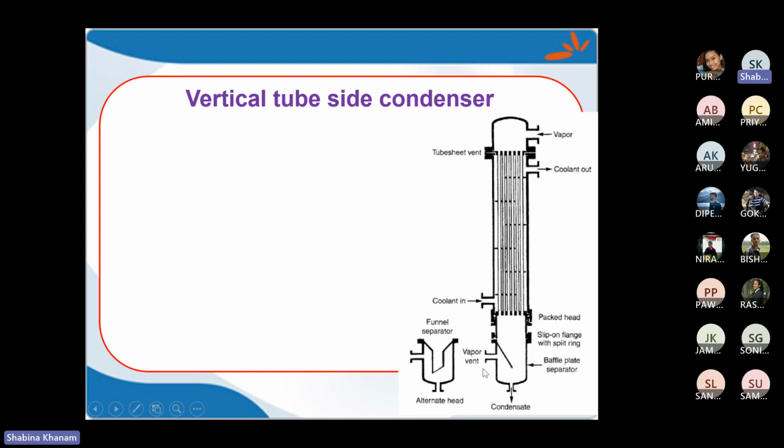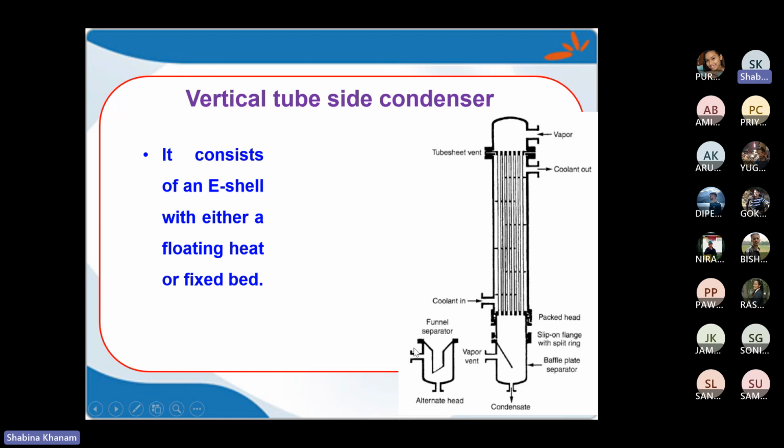And if you see, at the bottom we have a different assembly. One is of this funnel type. The reason being that condensate will be coming from the tube side, right? If you imagine how the condensate will come, it will not be very runny, like drop wise it will come.